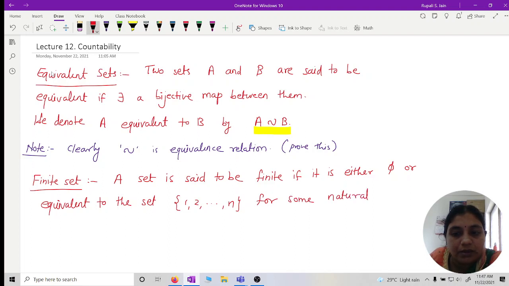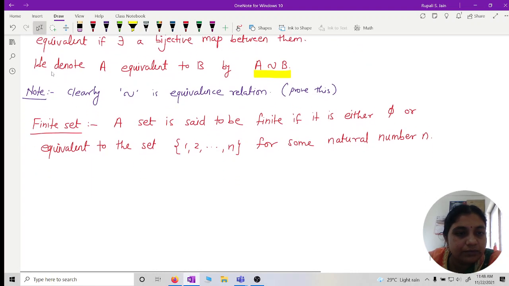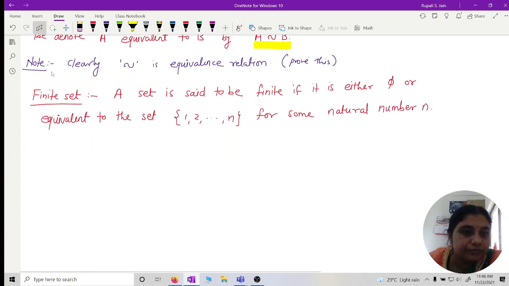So what is a finite set? Either it is empty or it is equivalent to some set 1 to n where n is a natural number.